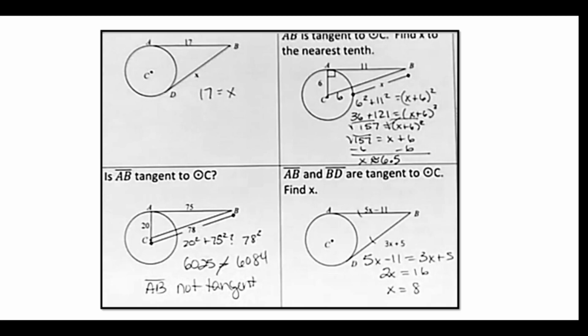Simplifying, we have 2x is equal to 16. Dividing both sides by 2, we have x is equal to 8. So to check, 5 times 8 minus 11 is equal to 3 times 8 plus 5. Simplifying, we have 40 minus 11 and 24 plus 5. So 29 is equal to 29.